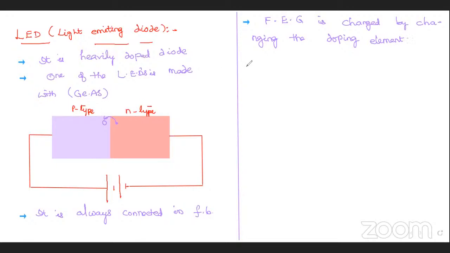You can ask. Okay, then what he is saying, suppose this is your energy gap diagram. I am taking this as the valence band, and this one I am taking as the conduction band.